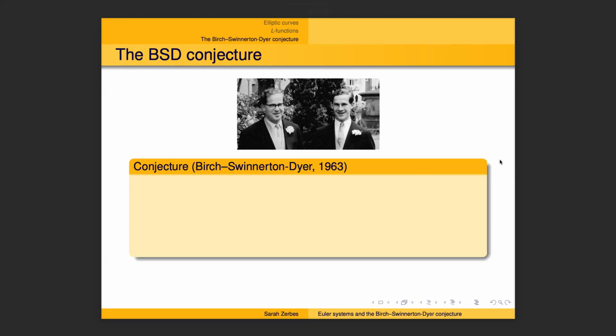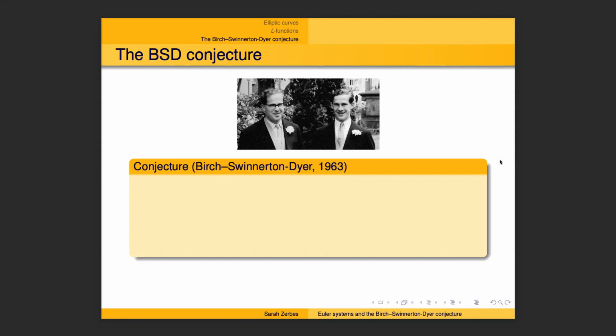So this conjecture was formulated in 1963, astonishingly on the basis of numerical experimentation. Nowadays, thanks to mathematical software packages, Sage and Magma and so on, everyone can check the BSD conjecture in explicit examples on their home laptop. At the time, there was a unique computer in Cambridge.